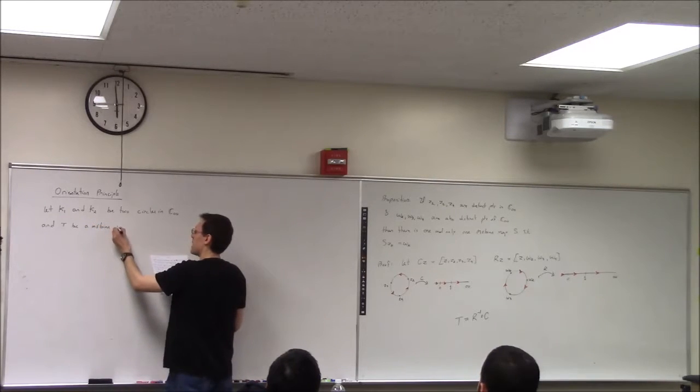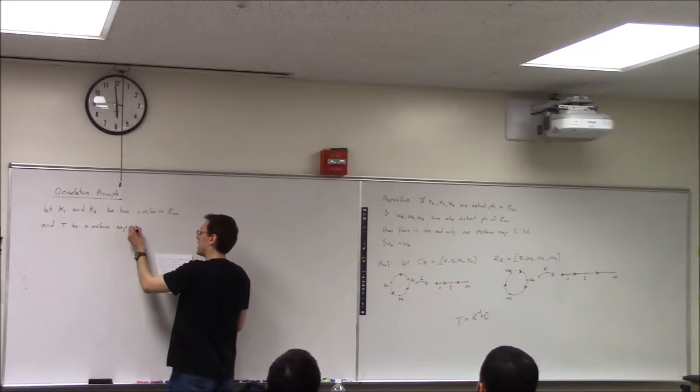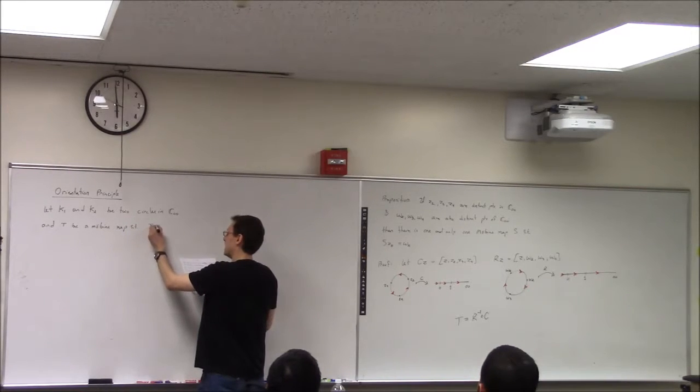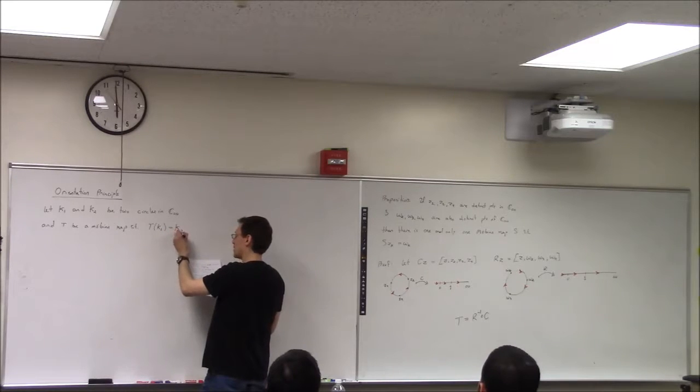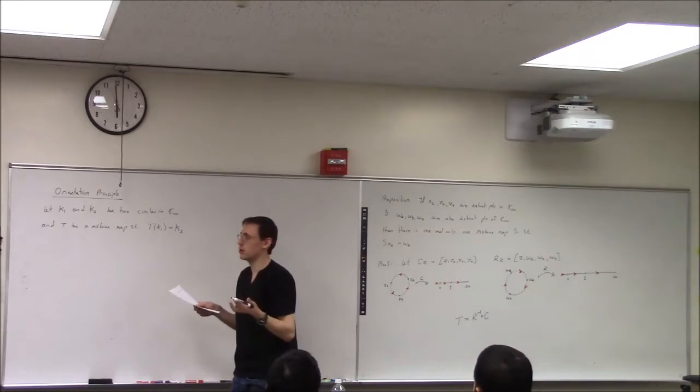So it's a Mobius map such that T of K1 will be K2. In other words, it carries the circle K1 onto the circle K2.